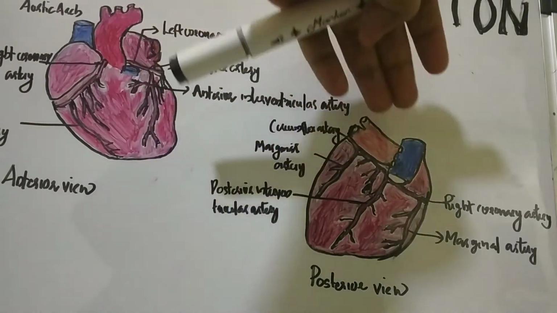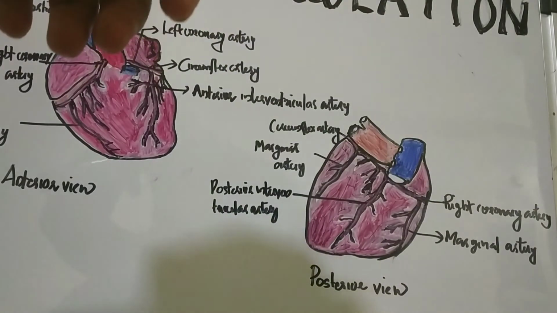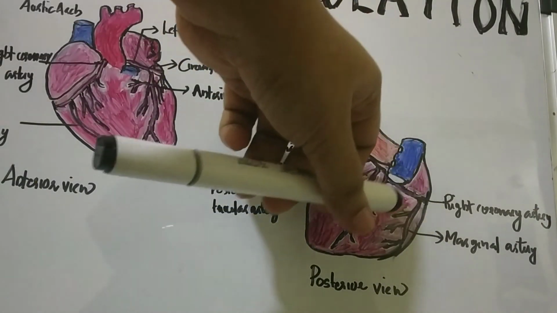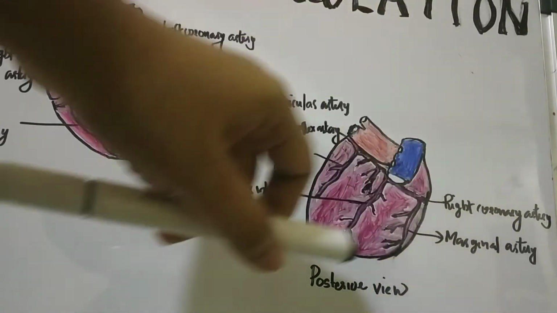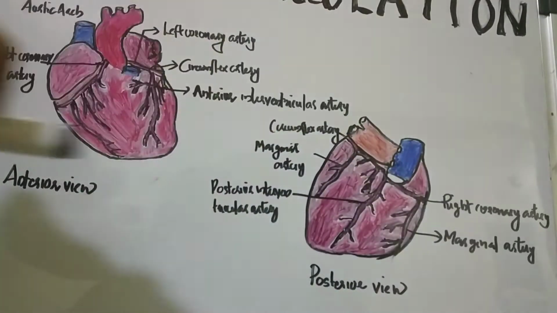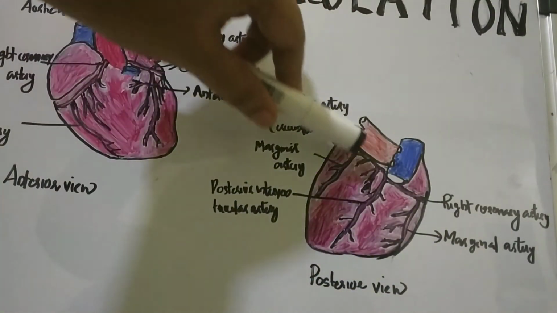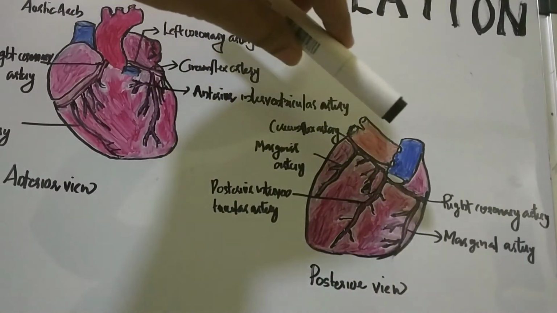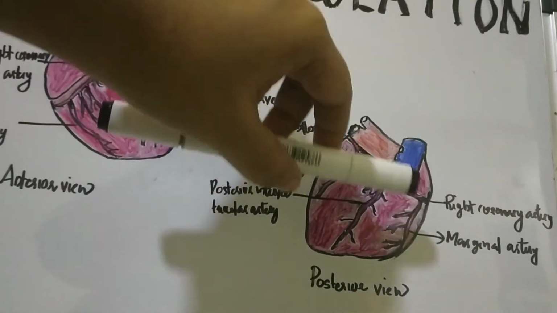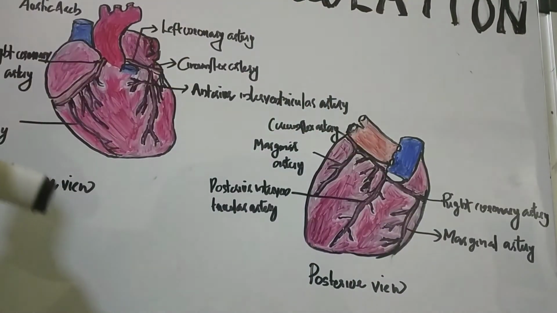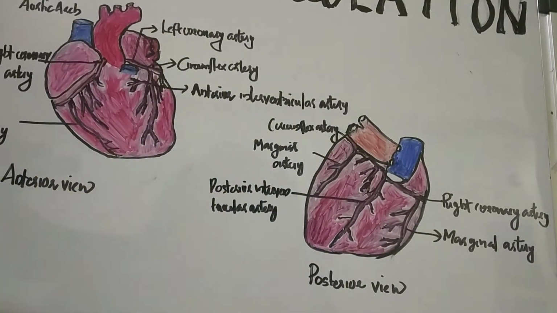After winding around the left posterior border, it continues in the left posterior coronary sulcus, and near the interventricular groove it terminates by anastomosing with the right coronary artery at the crest of the heart. So this is the course of the left coronary artery.